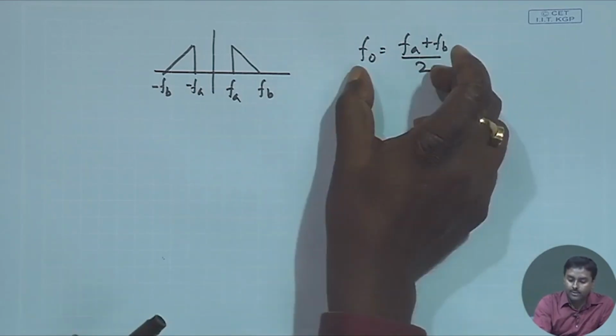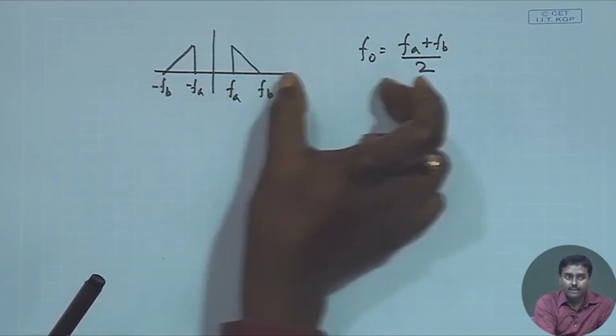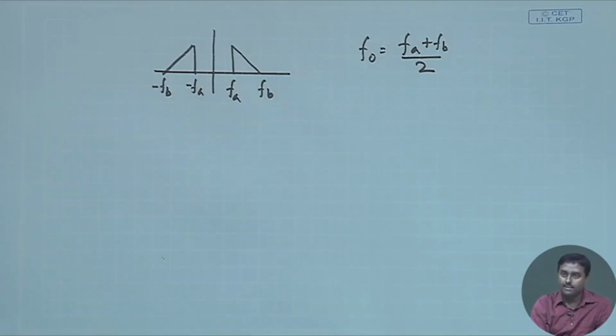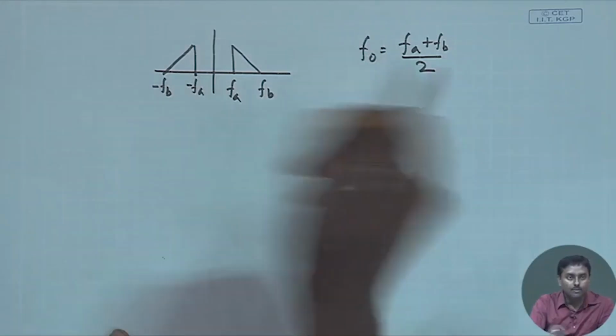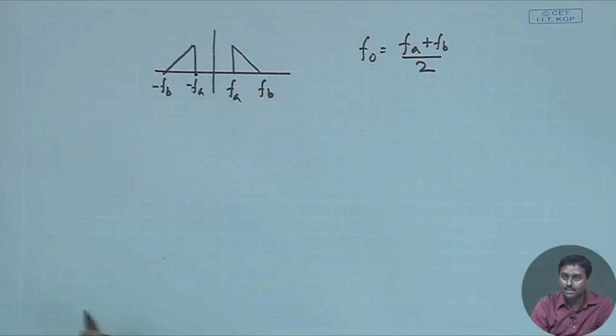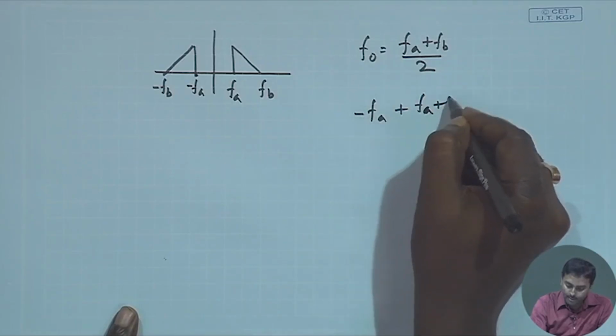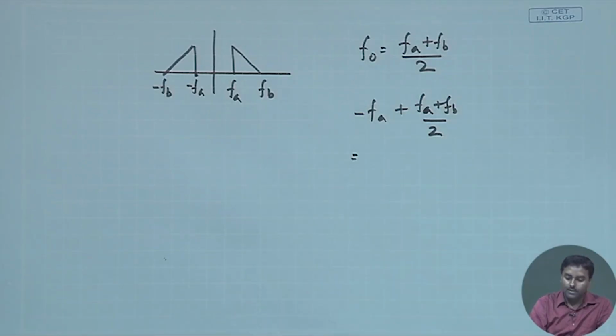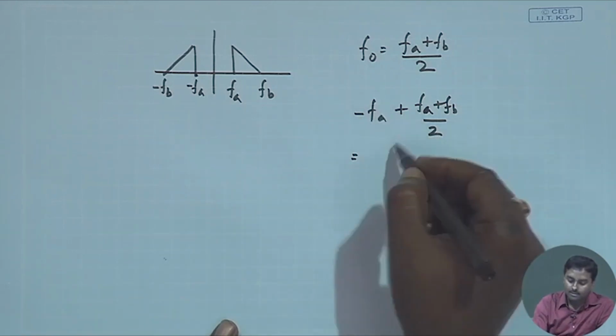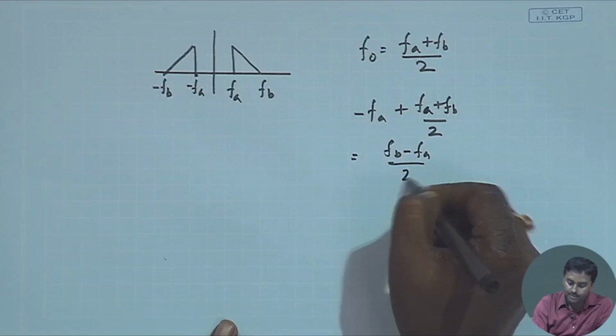If I modulate with this frequency, it will be translated by F0 on this side and F0 on the other side, right. So, if I just give a positive F0 translation, let us say it shifts to the positive frequency side, then what will happen? This minus fa plus f0 will be the frequency where it gets translated. So, minus fa plus fa plus fb divided by 2, which is nothing but fb minus fa divided by 2, right.